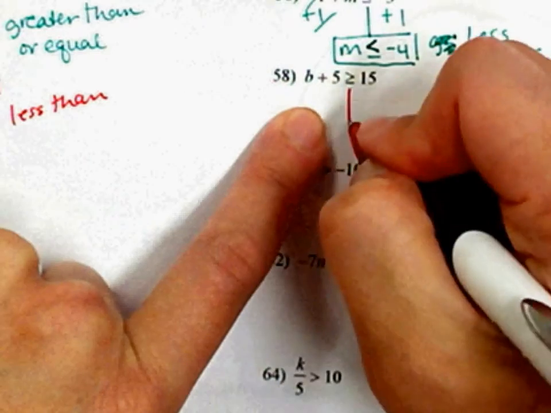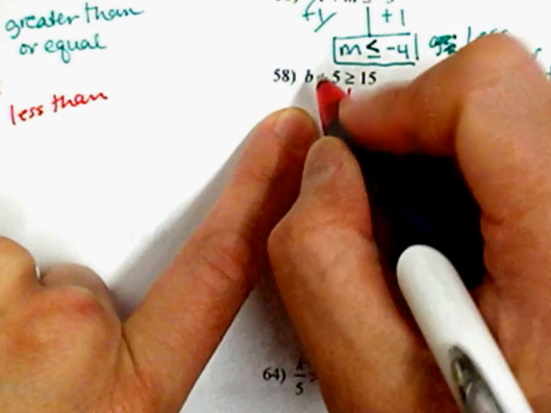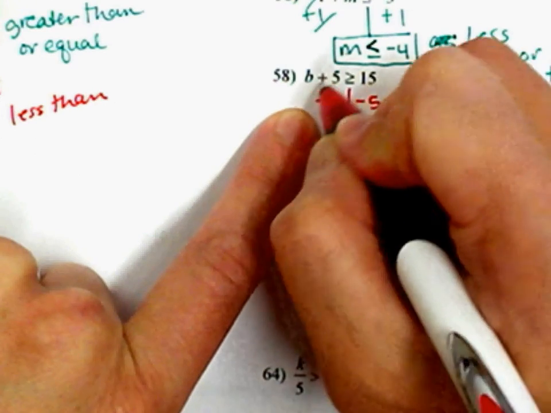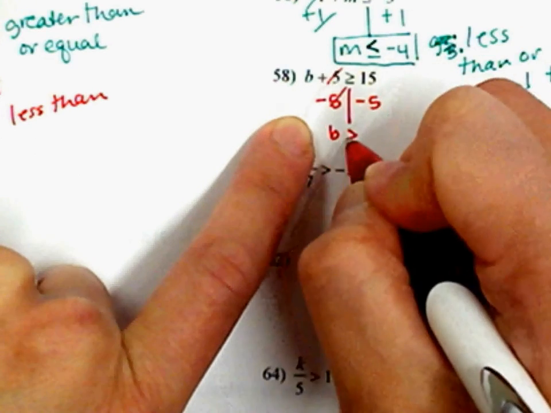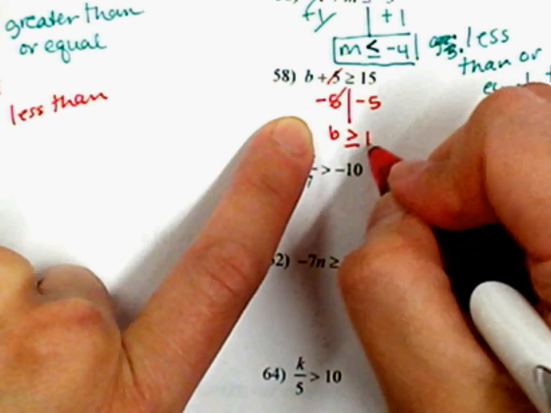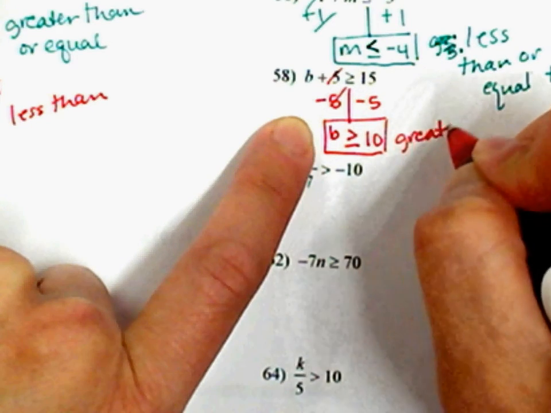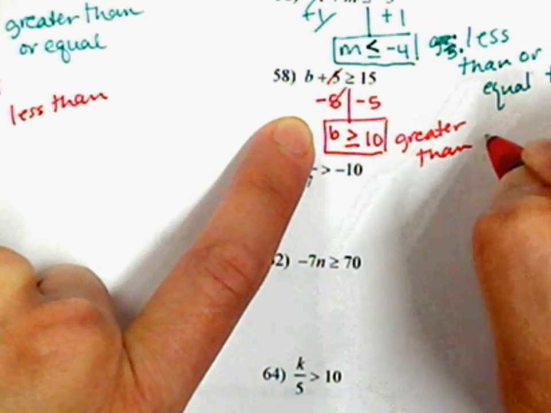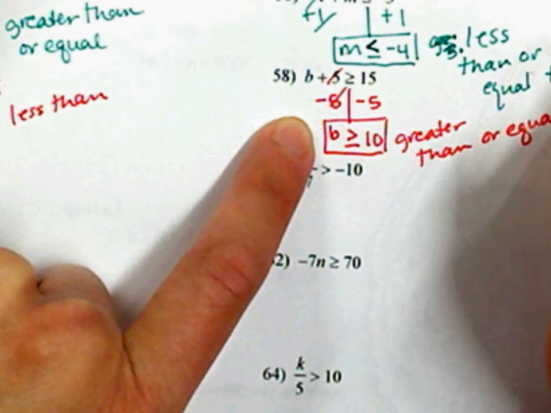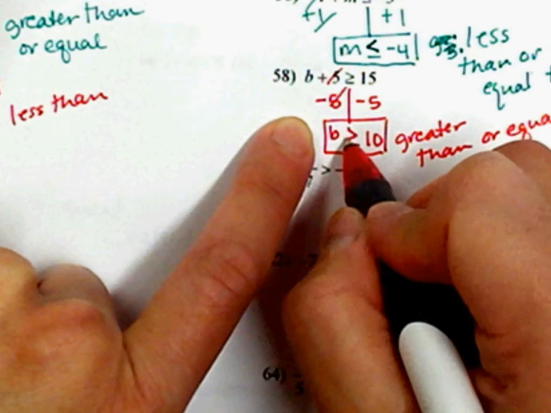So I'm going opposite of positive 5, which is negative 5. Cancel. Bring down your B. Keep your sign. 15 minus 5 is 10. And this one is greater than or equal to. B is, you see how it's bigger? So B is greater than or equal to 10.